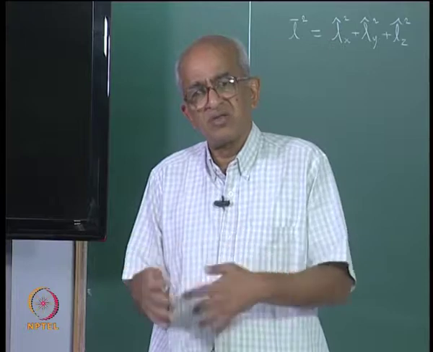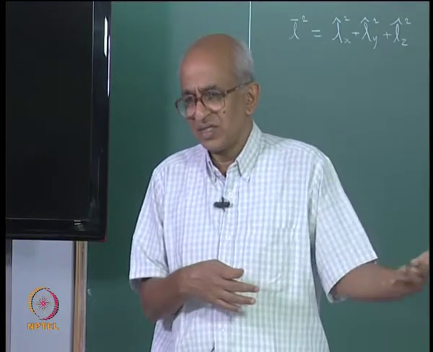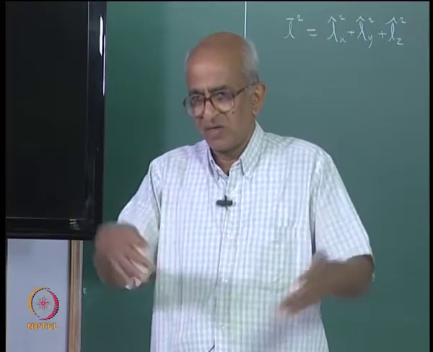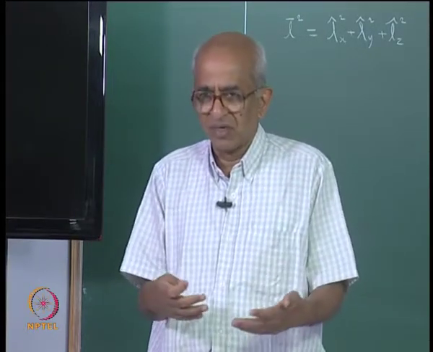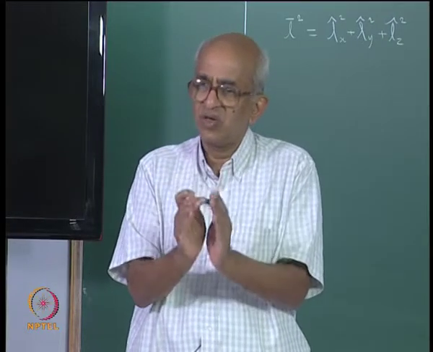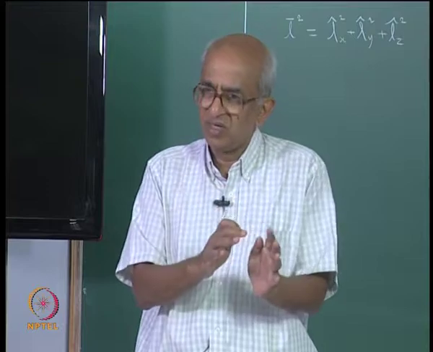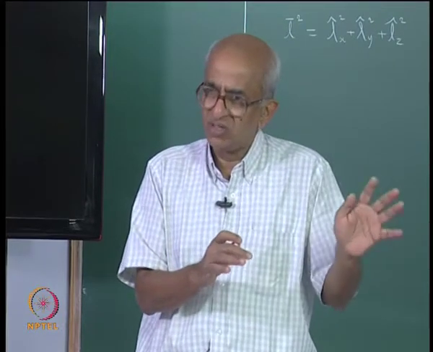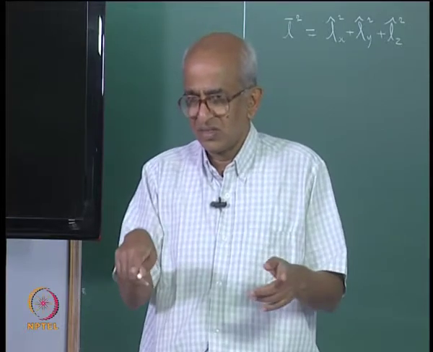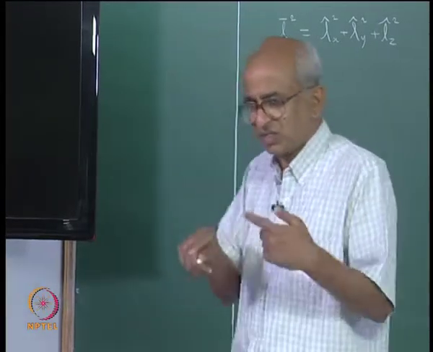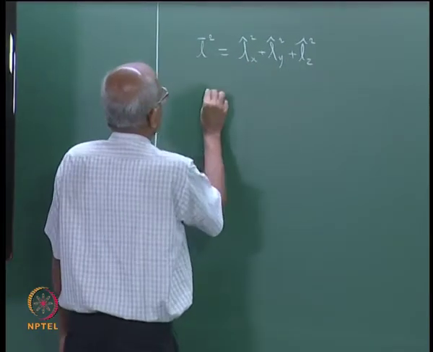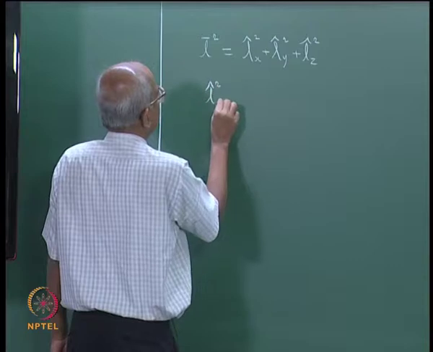So, there is really no difference between Lx, Ly, Lz in some sense, they all have to have the same kind of property. So, therefore, if Lz commutes with L square, naturally you would expect that Lx also will commute, not only Lx, Ly also will commute. It is just that they do not commute among themselves, but they are going to commute with L square. This is what you would expect. So, how will I show that? Well, it will take a few minutes, but I can prove it.